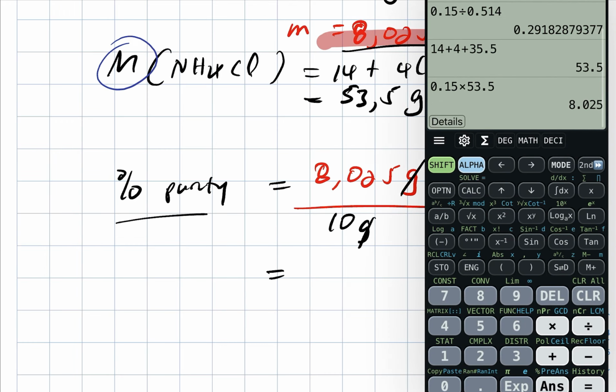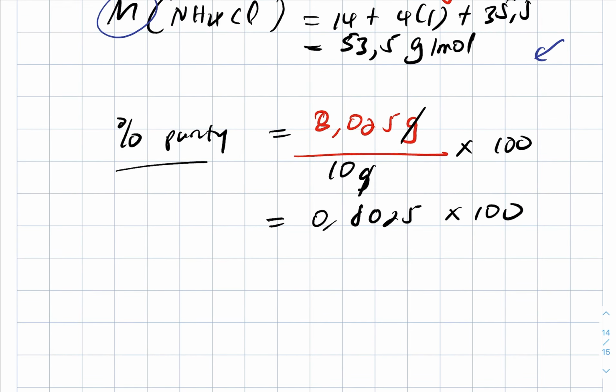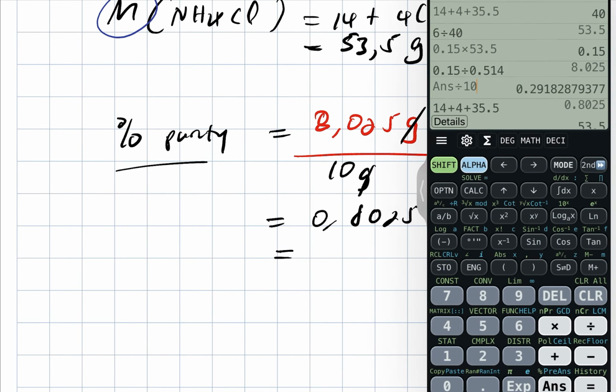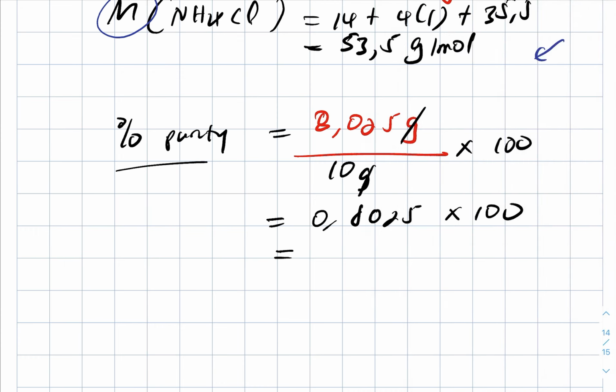So it's going to be 8.025 divided by 10. That's going to be 0.8025. And then we'll multiply that by 100. We're going to get 80.25%.